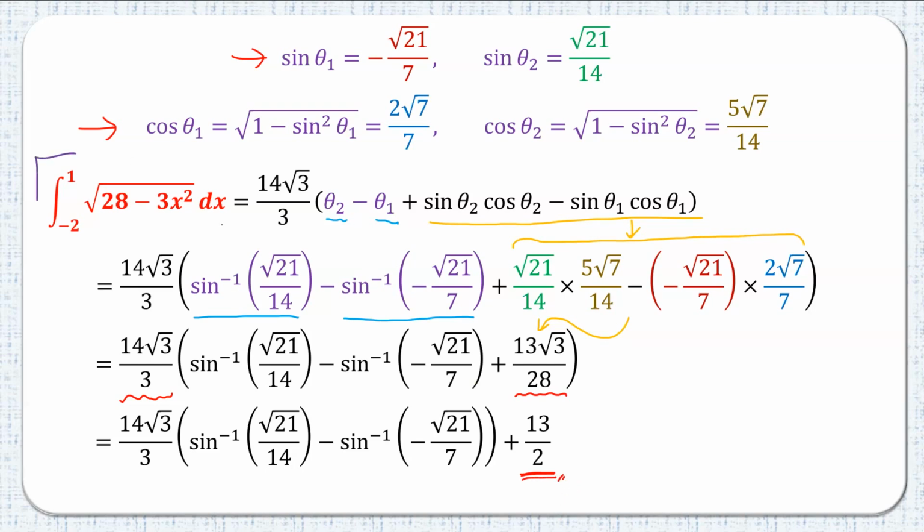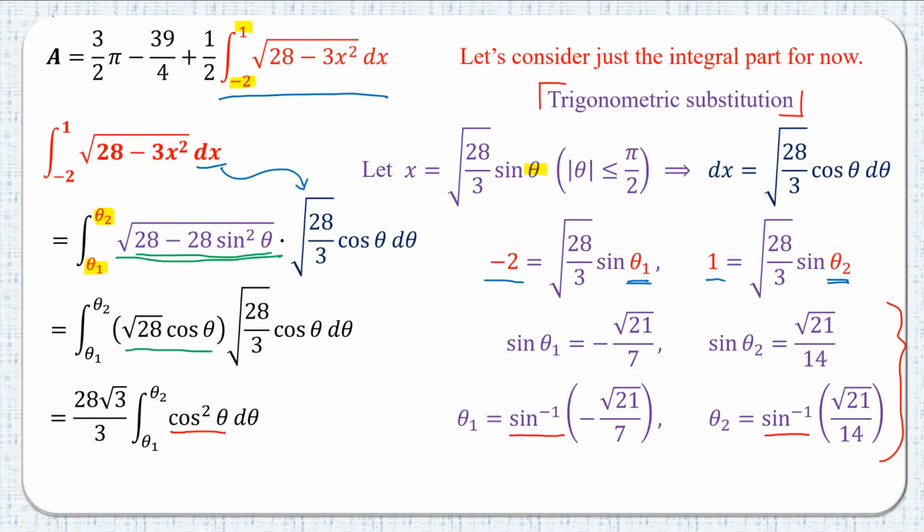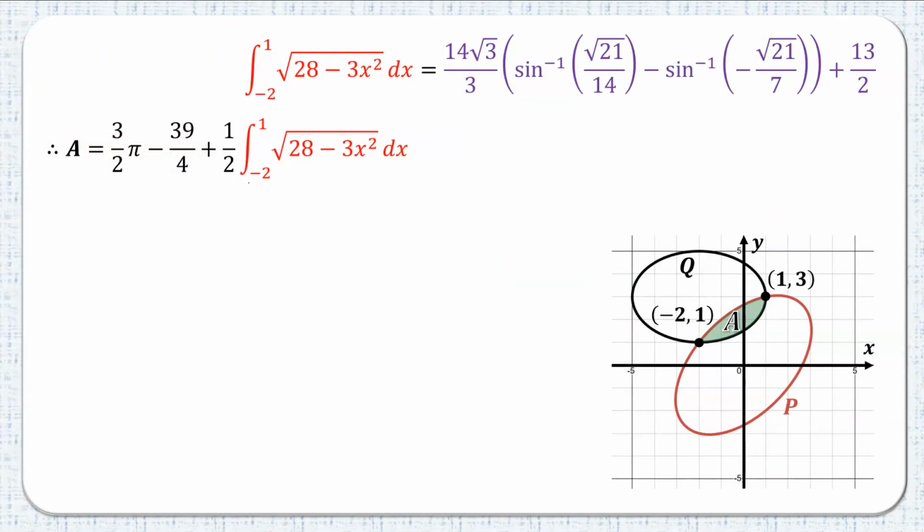So now that we have found the value of this integral, it's time to go back all the way up to right here. Now we know the value of this integral. So let us substitute this integral with this number that we just obtained.